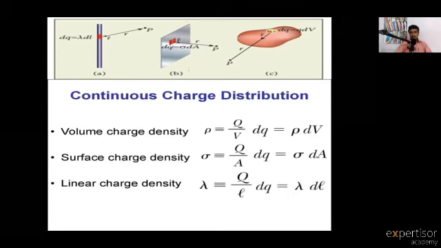Consider one small area, and from this small area to the point P there is a testing charge. The distance between the testing charge and the small area is small. Here, as in the earlier equation dq is equal to lambda into dl, now dq is equal to sigma into dA. This is the surface charge density.